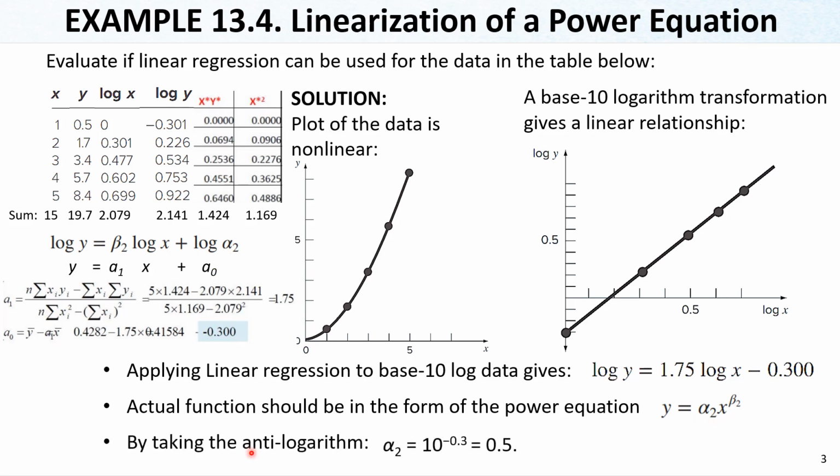So we take the inverse of logarithm to find alpha 2 and write it here. When we do that, the anti-logarithm, alpha 2 becomes 10 to the power minus 0.3, which becomes 0.5. Then we can write it here. It becomes y equals 0.5 x^1.75. And we can plot this now over this line, because this is the nonlinear version. You can plot this curve here and get the nonlinear curve, as you can see here.